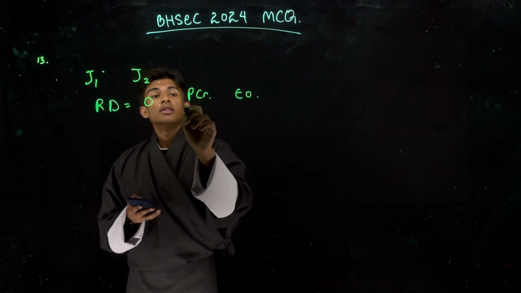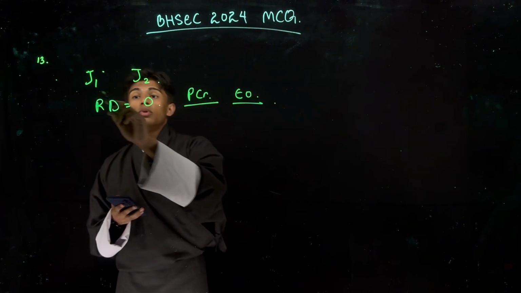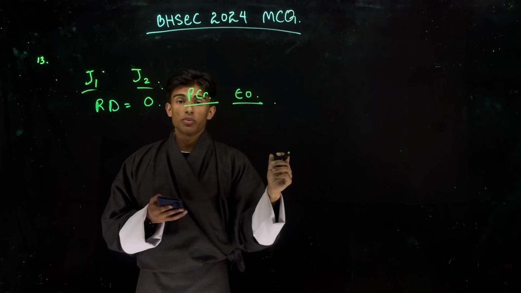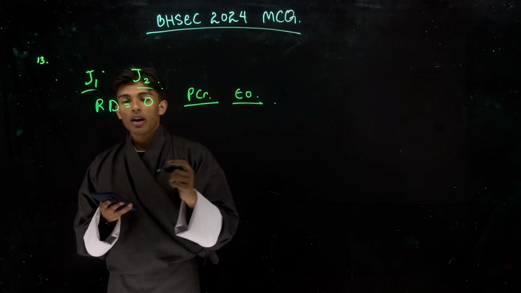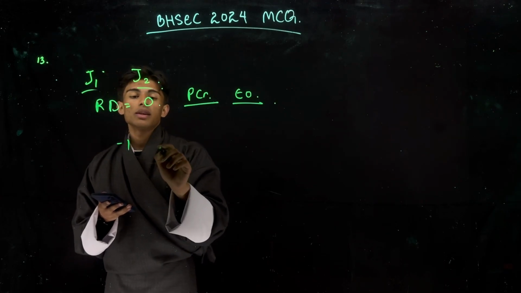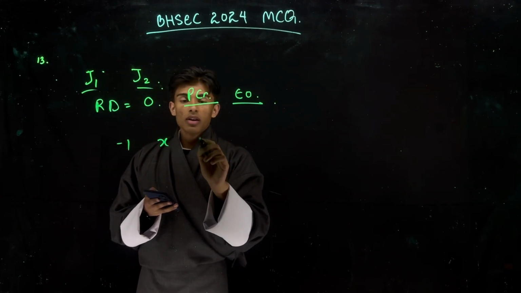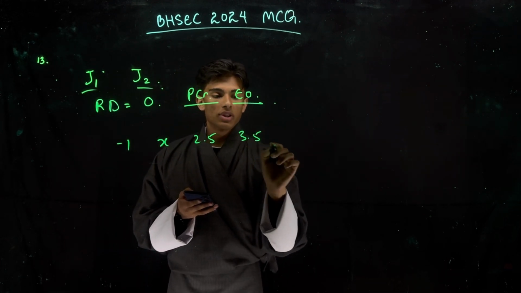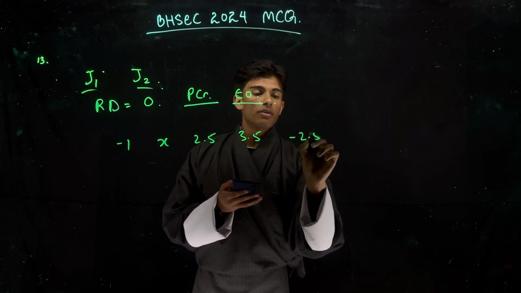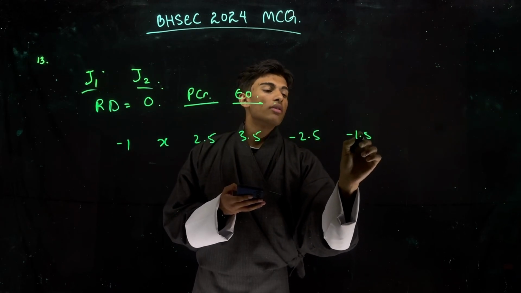So this situation is one of these, because the judges will not have bias when judging the SUPW areas. Therefore, the options given to us here are -1 for class A, x for class B, 2.5 for C, 3.5 for D, -2.5 for E, and -1.5 for F.